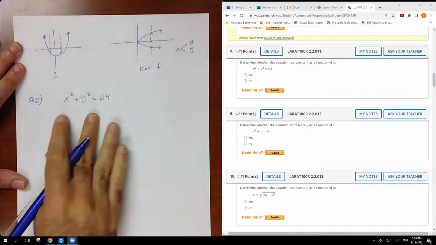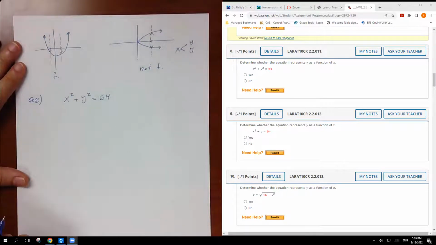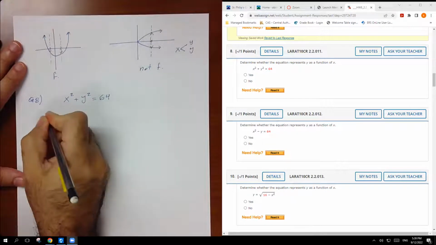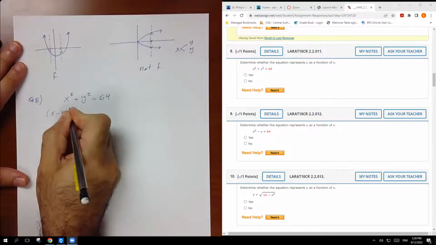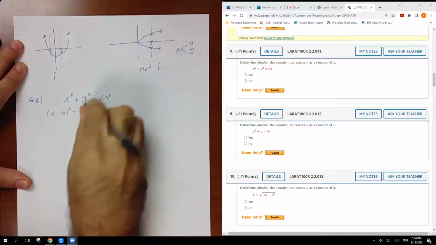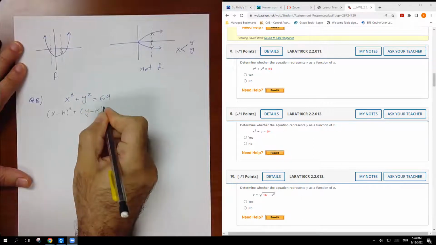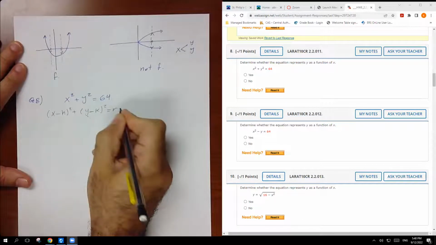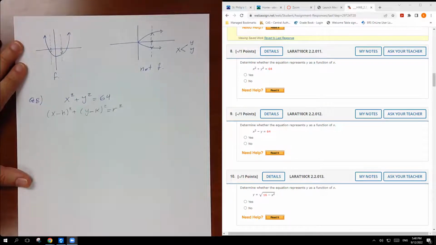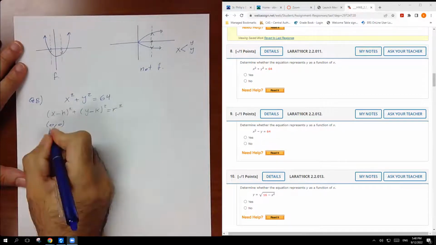This example is a circle, because if you write down the general form of the circle, it says x minus h squared plus y minus k squared equal the radius squared. But this one is going to be exactly if the center is 0, 0. If the center is 0, 0, this is h and this is k.